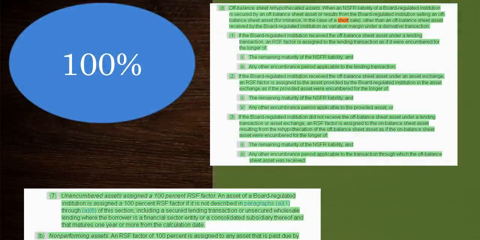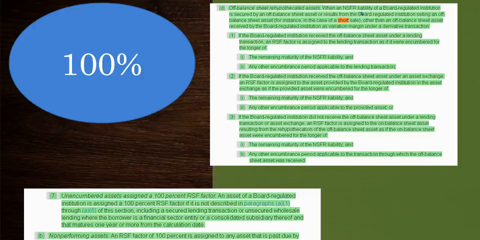So 100%, this is where it gets cool, because 100% are unencumbered assets, of course, and basically they're non-performing assets. Any non-performing asset that is past due by more than 90 days or non-accrual will be assigned this 100% RSF factor, meaning it is illiquid. Now, if you read this right here, 100% also falls on off-balance sheet rehypothecated assets.